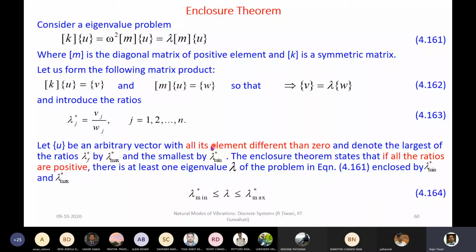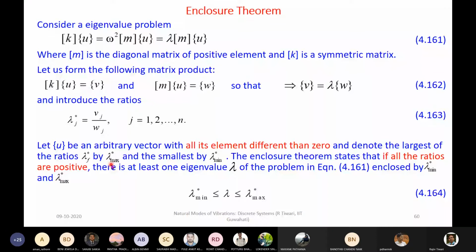Once we have these non-zero values, we'll get n such ratios, and among those ratios, obviously one will be the minimum and another will be the maximum. Among all of them, we will find which is the minimum and which is the maximum.